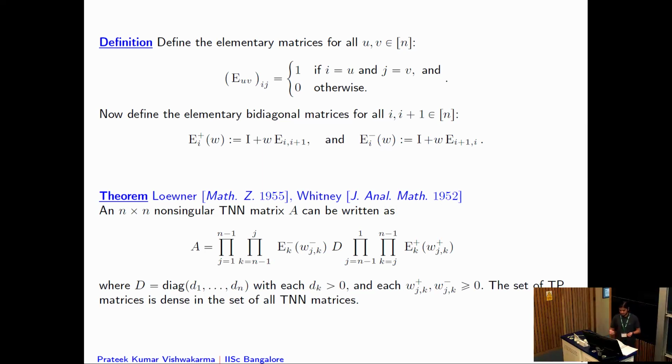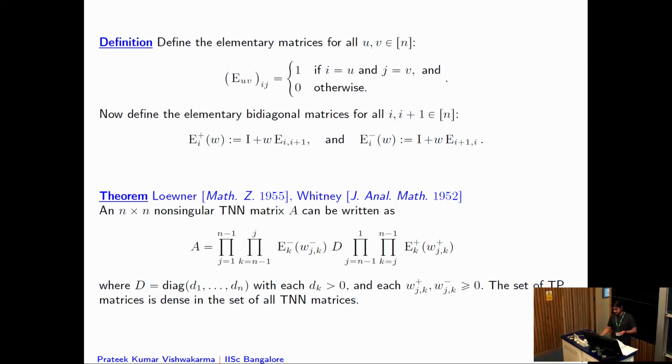Moreover, they also show that the set of all totally non-negative matrices is the limit of all totally positive matrices.